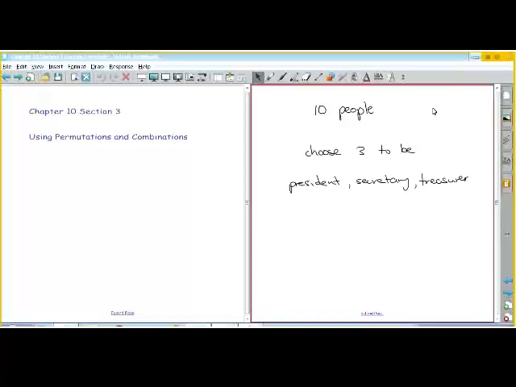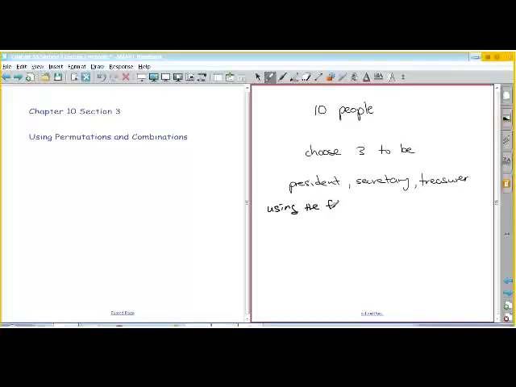Second step is now to pick a secretary, and the third step is to pick a treasurer. And you don't have to pick them in that order. You still have the same number of options as you go through each step. If you started with treasurer, you'd have 10 people to choose for treasurer. If you start with the president, you have 10 people to choose for the president. So we're going to use just the order that's shown here, but it's not necessary.